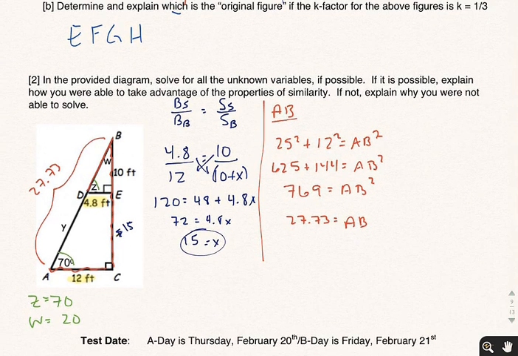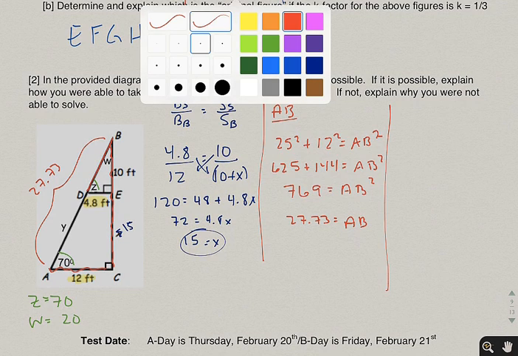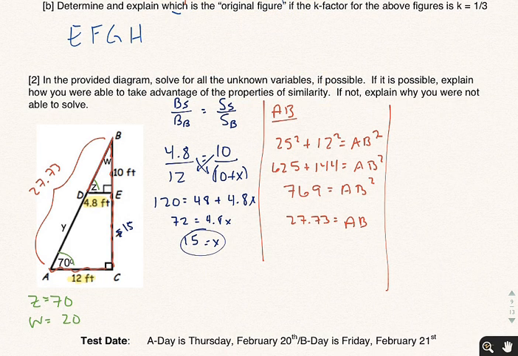Now that was useful only because I need now to set up a proportion to solve for y. So check out how I'm going to do this. All right. So I'm going to set up using a proportion on the right hand side of the triangle. So I'm going to put the side of the small triangle is to the bottom part of the right.